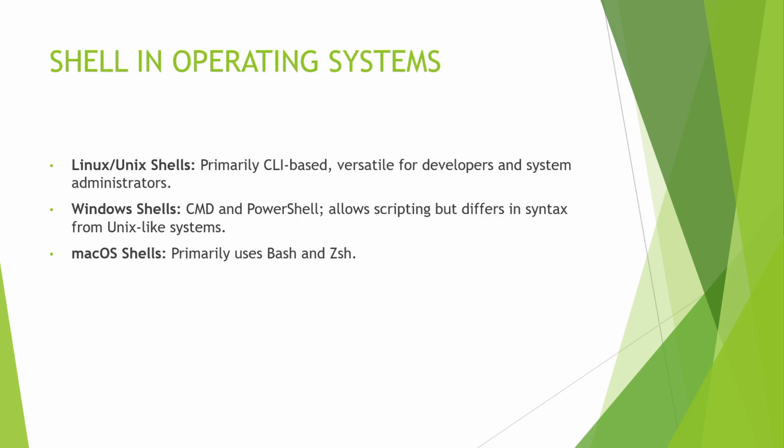Now we talk about shells in operating systems. There are three kinds of shells in operating systems: Linux or Unix shells, Windows shells, and Mac OS shells. First, Linux or Unix shells. They are primarily CLI based, versatile for developers and system administrators.